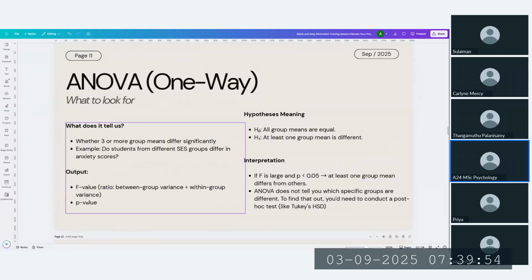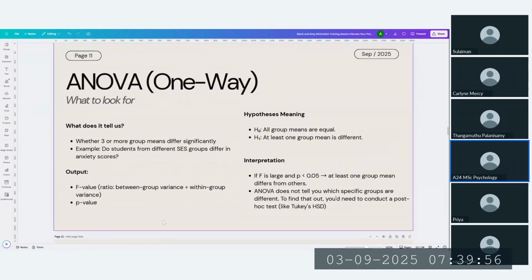And of course, you have our good old friend, the P value. Those of you who are in statistical analysis, for you, P value is your best friend. Everything is about P value. P value less than 0.05, you reject the null hypothesis. This is a standard rule. Now everything is in the context of the hypothesis. What is your hypothesis in any situation?